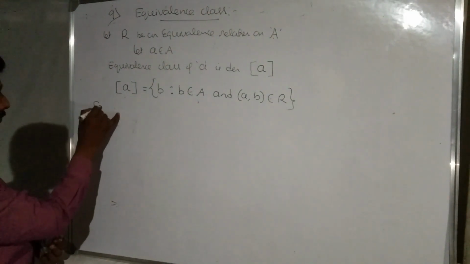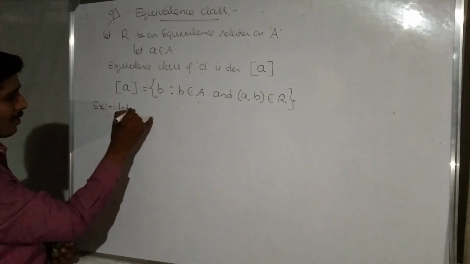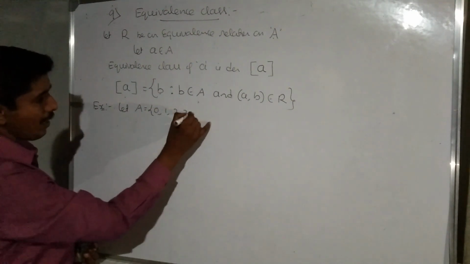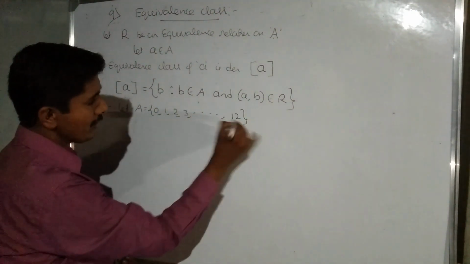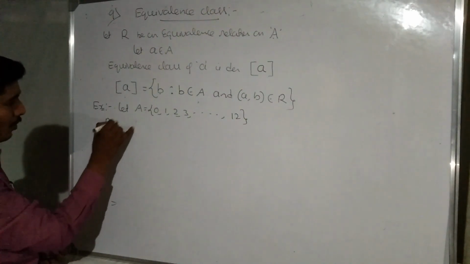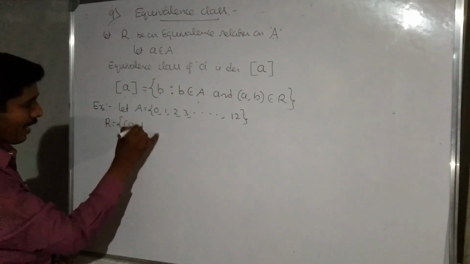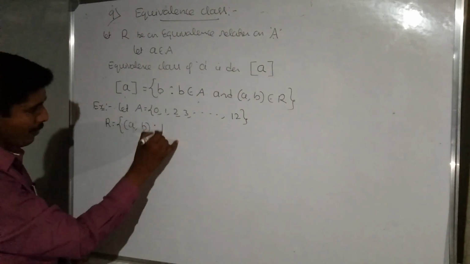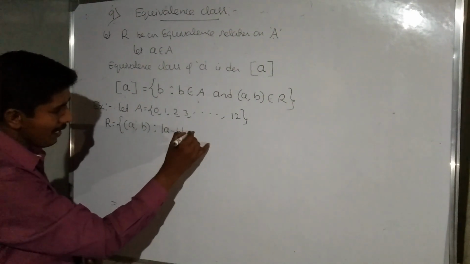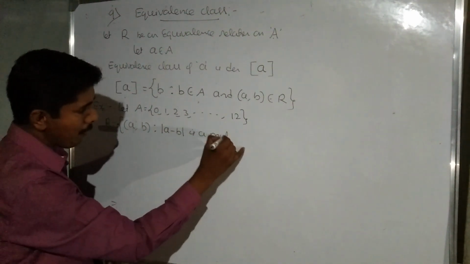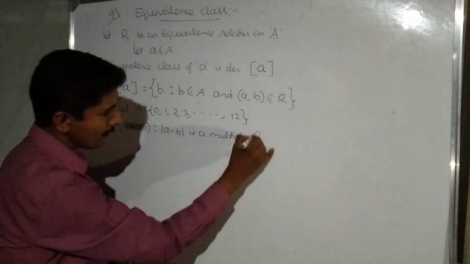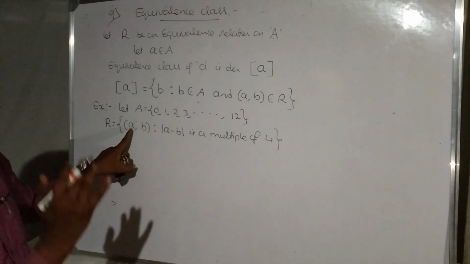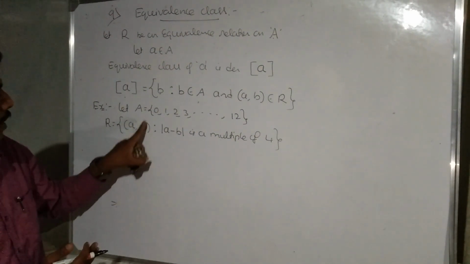Example, let set A equal {0, 1, 2, 3, and so on up to 12}. Here R equals the set of (a, b) such that the relation between a and b is: modulus of a minus b is a multiple of 4. Here R equals (a, b) means you take any ordered pair, and each element of the ordered pair belongs to the given set.